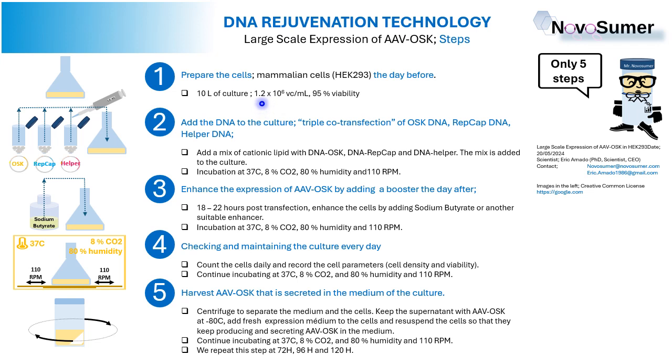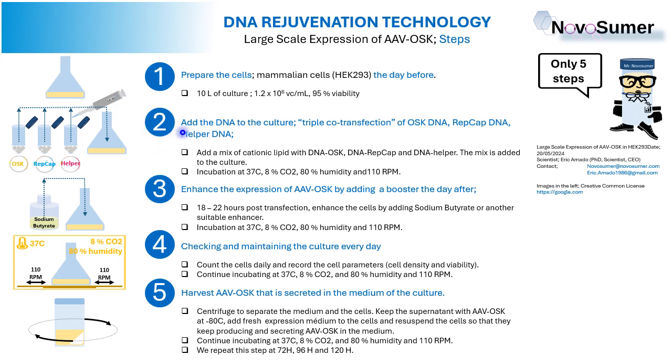What are the parameters of the cells? We will need the cells at this density, 1.2 million cells per milliliter at a viability of 95%. That means that 95% of the cells will be alive. Okay? So the first thing that we need is just preparing the culture.